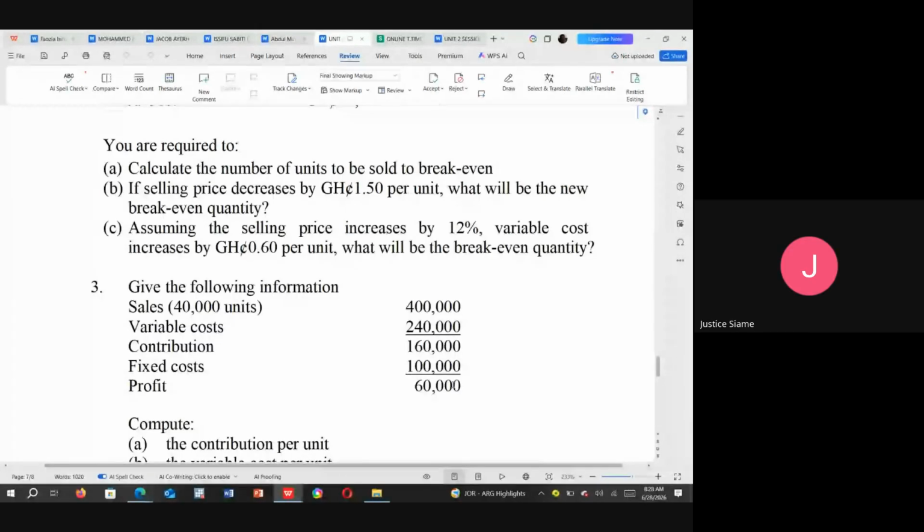Now, assuming we don't know the profit, and we are told that we want a quantity that if we sell, we'll make a given target profit of 60,000. We add the 60,000 to the 100,000 to get the total contribution. So if you add the profit to the fixed cost, you get the total contribution. Have you seen that? Yeah.